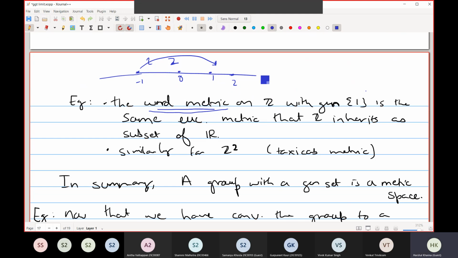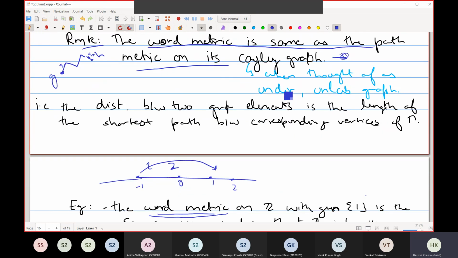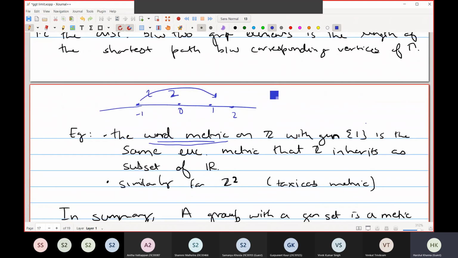So this makes concrete the fact that the Cayley graph of Z with respect to 1 looks like the real line. That's what I meant when I said that statement. So the metrics correspond to each other.